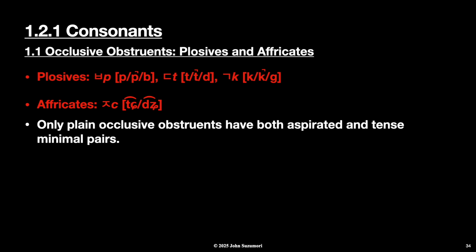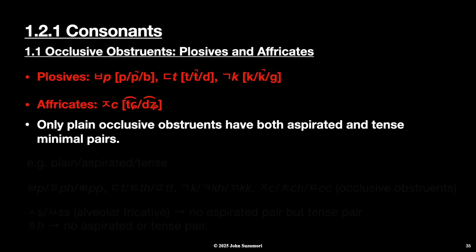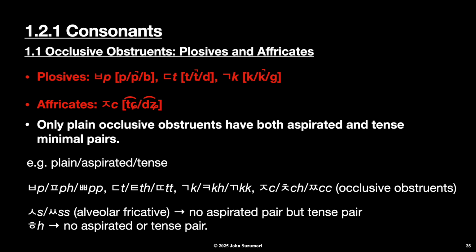For characteristic traits of occlusive obstruents, only plain occlusive obstruents have both aspirated and tense minimal pairs. As you can see in the example below, unlike occlusive obstruents, none of the fricatives have both aspirated and tense pair.